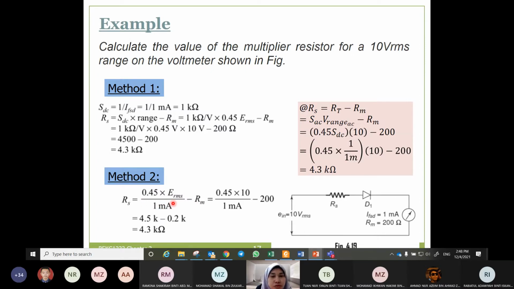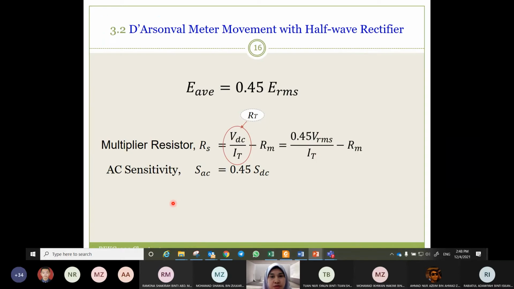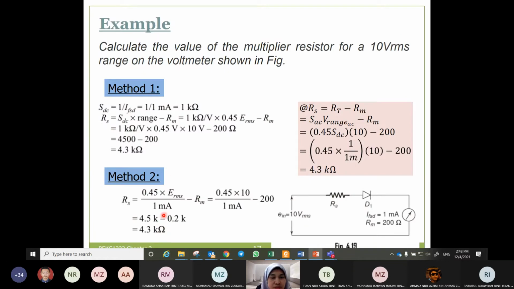So this formula is obtained from this, 0.45 multiplied with the AC signal of voltage 10. Okay, divided with 1 milli and we get the same answer. Any question? Any question?